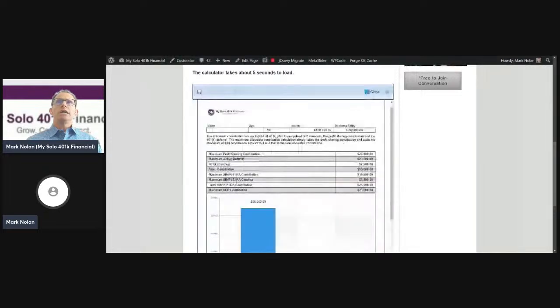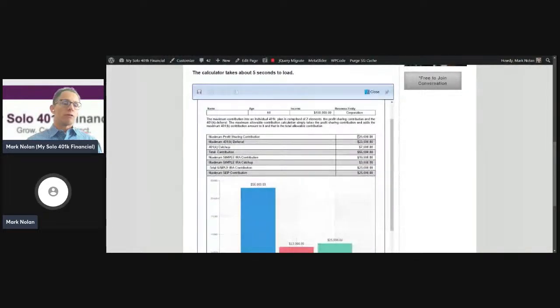So $100,000. The employer Roth solo 401k contribution stays the same because that's percentage based. That's 25% of $100,000, which is $25,000. The employee Roth solo 401k contribution is $23,500. And then you can also do the $7,500 as an employee Roth solo 401k contribution.